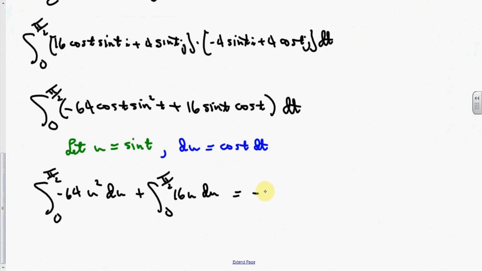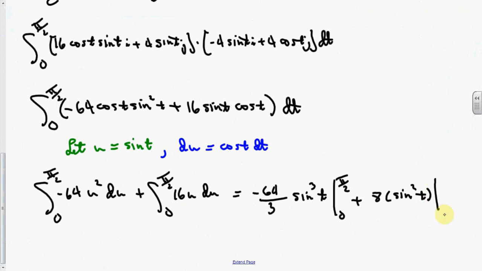So this is negative 64 over 3. That u was sine, so I'm going to put it back there. This is sine cubed t, evaluated from 0 to pi over 2, plus 16 u squared divided by 2. So that's just 8 sine squared t, evaluated from 0 to pi over 2.